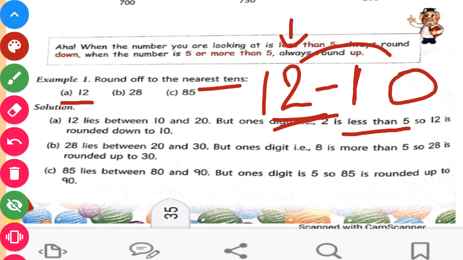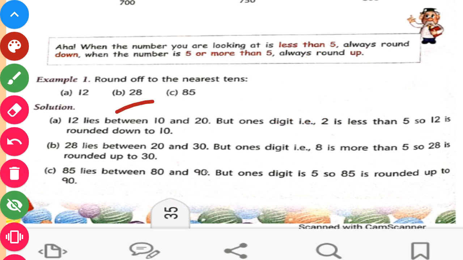Again, 28. Now 28. Here 8 is given at ones place. 8 is greater than 5. Right? 8 is given at the ones place and 8 is greater than 5. So what will we do?